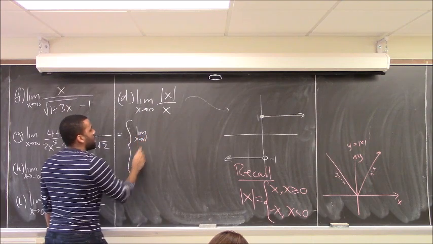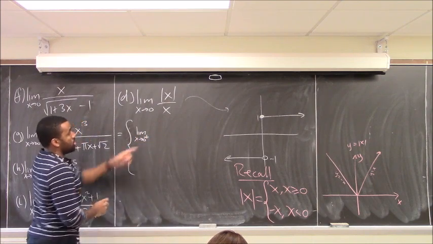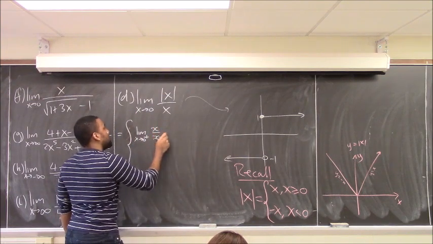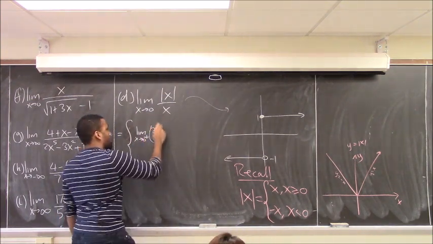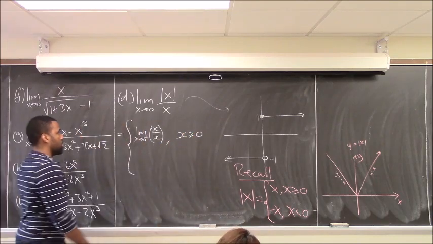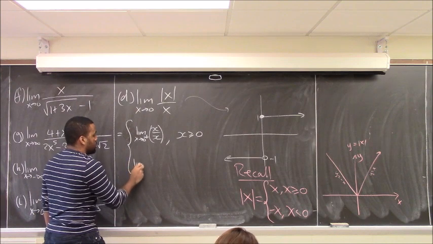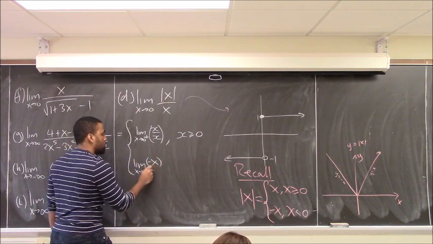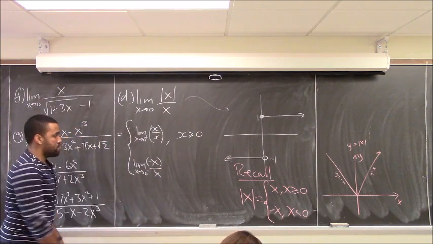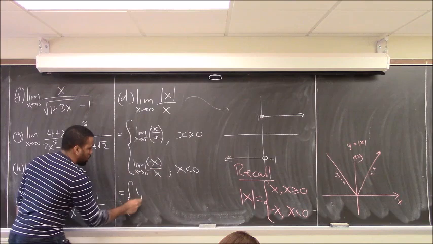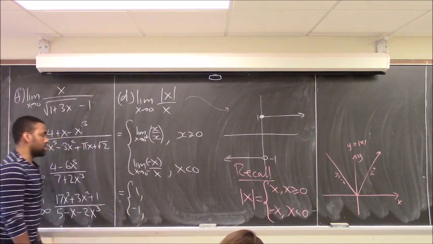If you're coming from the right side of 0, your absolute value just returns x. If you're coming from the left side of 0, your absolute value will return minus x. So you end up with 1 or minus 1 as the answer by simplifying.